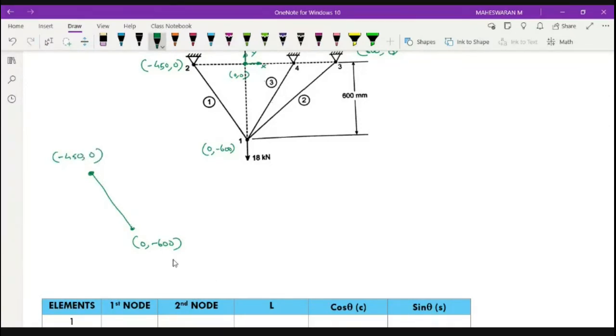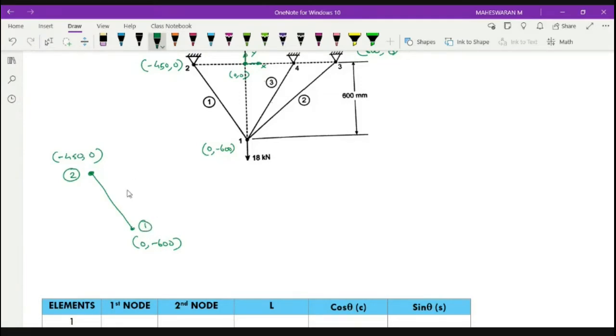So what you can do is identify the cos theta and sin theta with respect to that. It is up to you. So this is my nodal point 1 and nodal point 2. You can consider anything as your first node and second node.